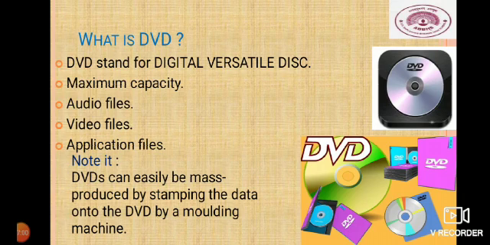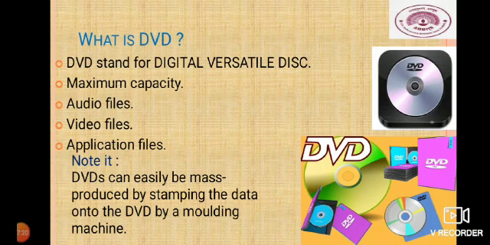Similar to CDs, DVDs are created to hold all sorts of digital data. DVDs have a maximum capacity of 4.7 GB, approximately more than that of 6 CDs.